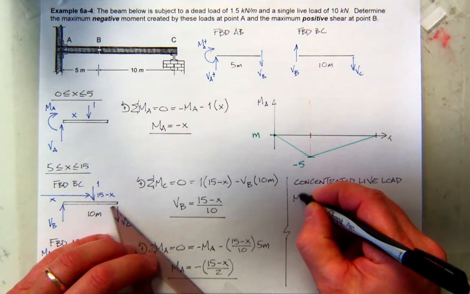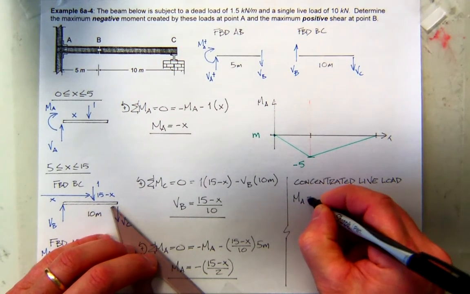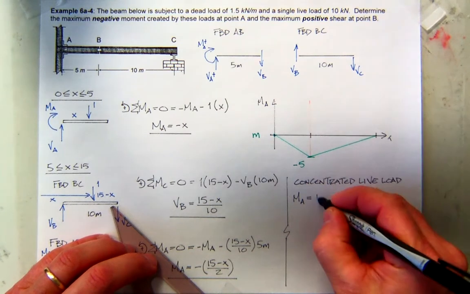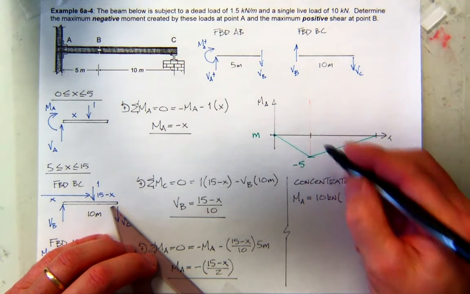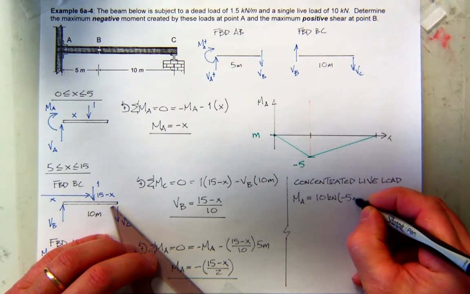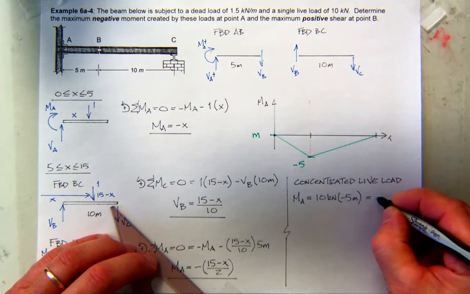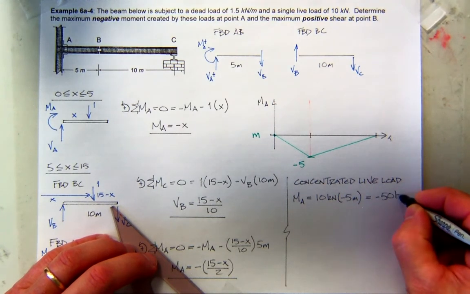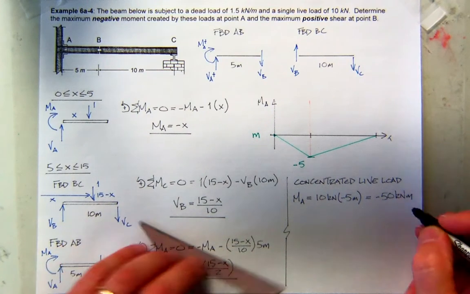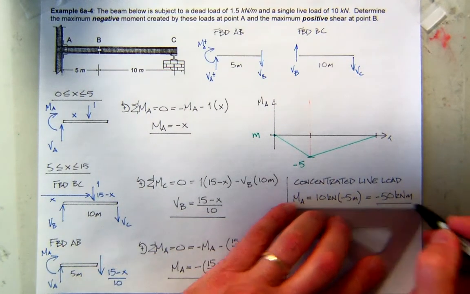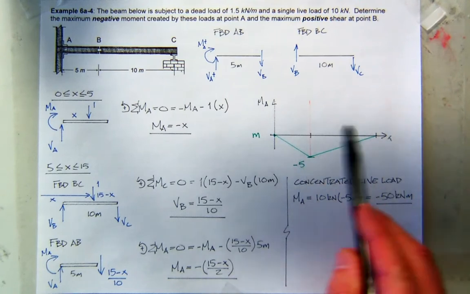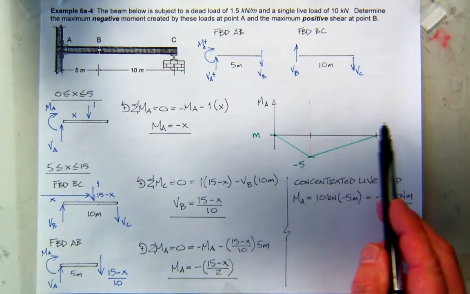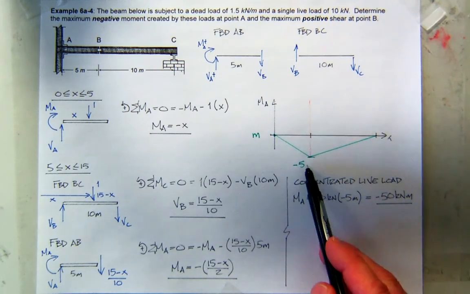So the moment at A for that would be my 10 kilonewton live load times the maximum ordinate value, which is minus 5 meters. And I would get negative 50 kilonewton meters. So there's the moment at A due to that single live load moving around, but the best place for it to be to create the maximum moment is right here at B.